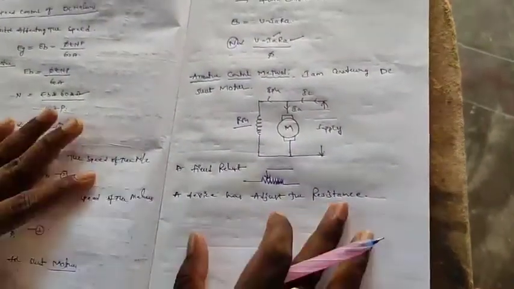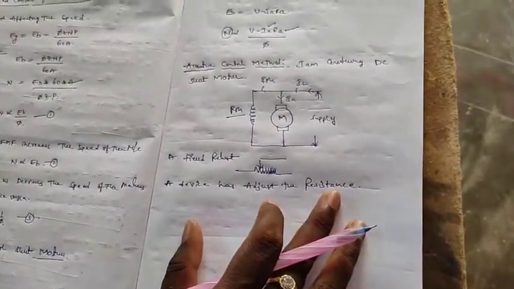In case the rheostat is connected to the field, it is called the flux control method.